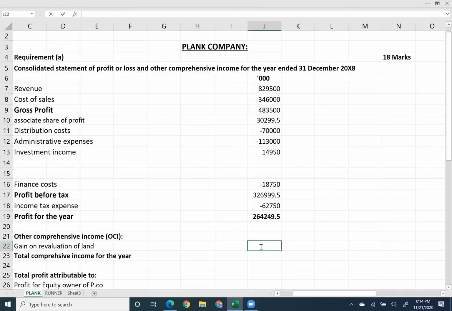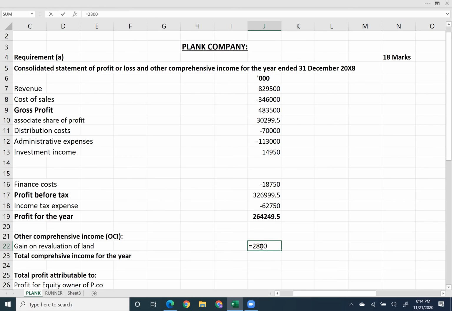What's the OCI for parent company? It's 2,800. And what's the OCI for subsidiary? It's 3,000, and it's already ready-made for the last 9 months.